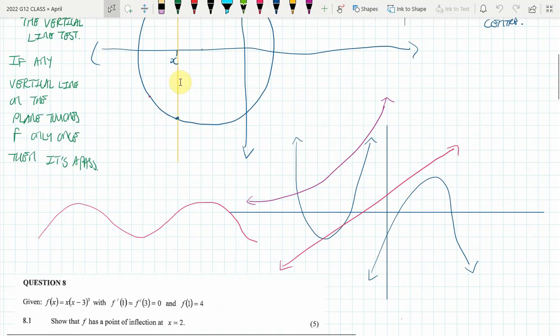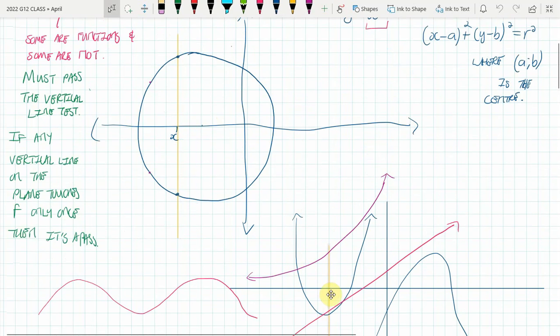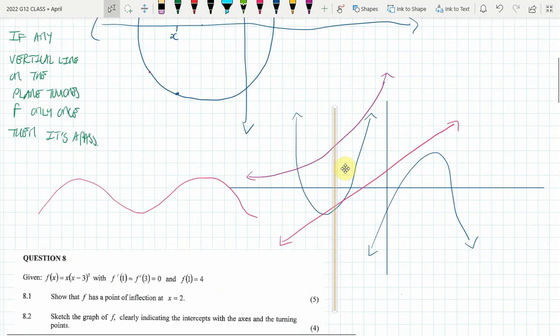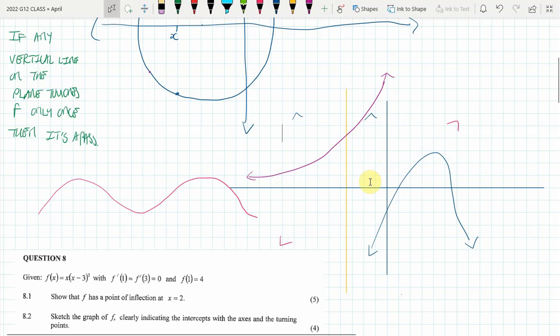But with all the other functions, like the purple one alone, we can see that every x value in the domain of f is assigned one y value. There is no x value in the domain of f that has two y values.